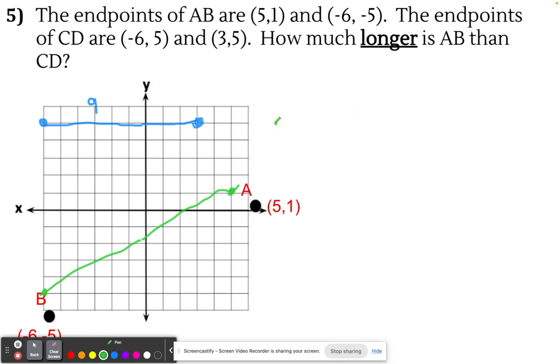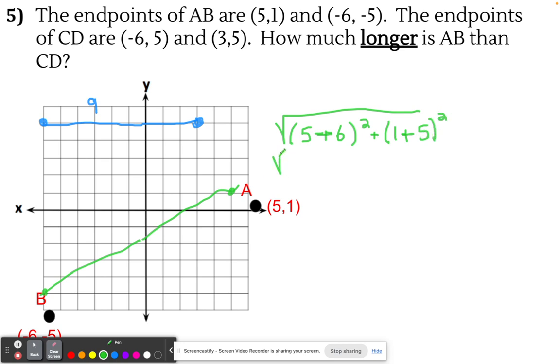So, using my distance formula, I can do 5 minus -6, which becomes 5 plus 6 to the second power, plus 1 minus -5, which becomes 1 plus 5 to the second power.